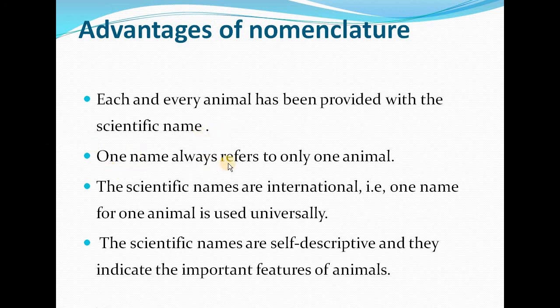The name always refers to only one animal, so no sort of confusion arises throughout the globe. The scientific names are international, that is, one name for one animal having different species. The scientific names are self-descriptive and they indicate the important features of animals.